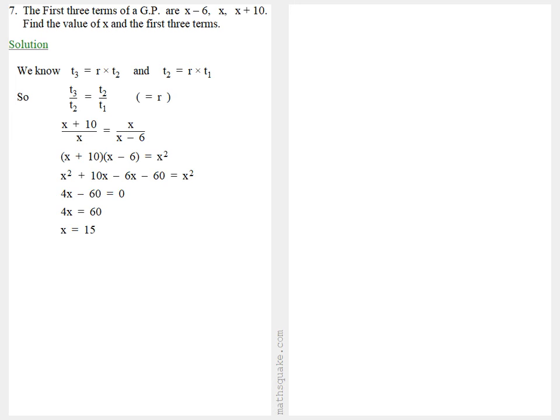Now this means x is equal to 15. So our answer is x equals 15. So the terms are 15 minus 6, which is 9, x, which is 15, and x plus 10, which is 25. That is 9, 15, 25.